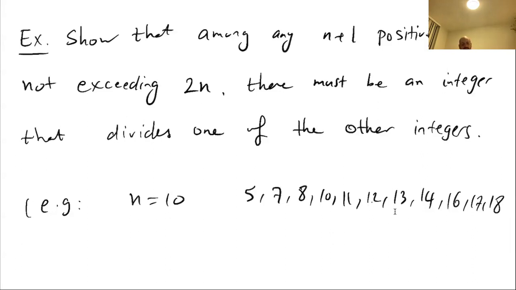Well, this is just one example of one value of n and one example of 11 integers. I could consider different 11 integers not exceeding 20 with the same value of n. But no matter what the value of n is, and no matter how you choose your n+1 positive integers, we can always say that one of the integers in our list divides one other integer.